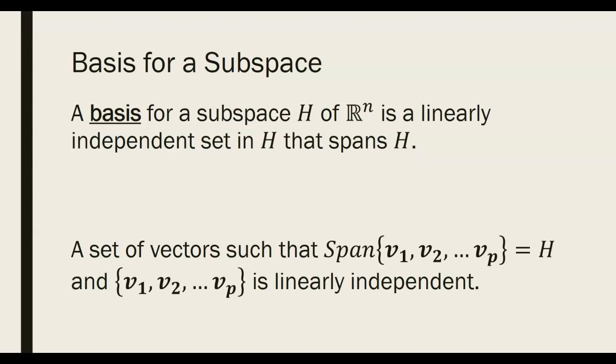Now, what this is attempting to do is give a generating set for H. It's basically these v1 through vp generating H, meaning that any vector in H can be written as a linear combination of those. And it's also, in some sense, the minimum generating set, because since they are linearly independent, none of these can be written as a linear combination of the others.